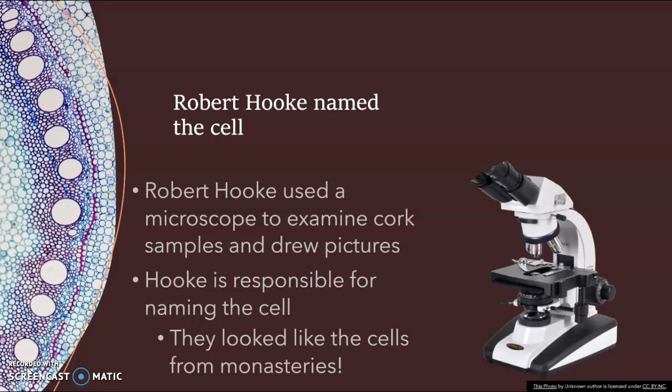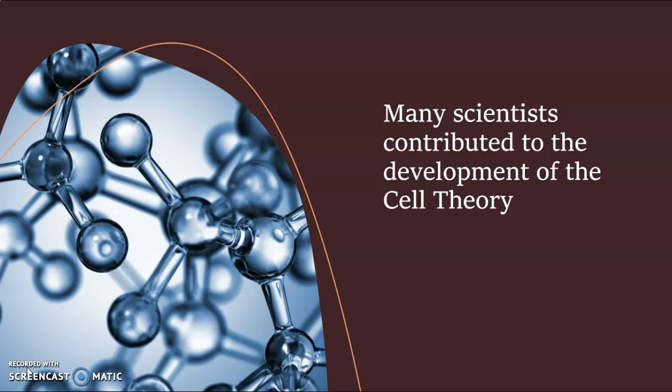But they reminded him of the rooms that monks would live in monasteries that are called cells, and so he named them cells. And then many scientists, because I mentioned that over those 200 years there were a lot of scientists looking through microscopes and coming up with discoveries, and all of these got put together to create the modern cell theory.